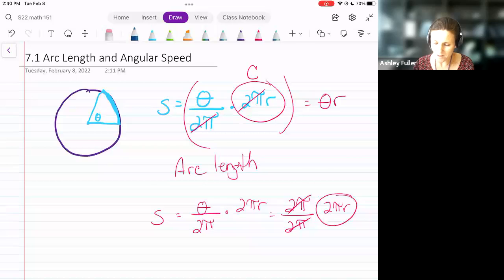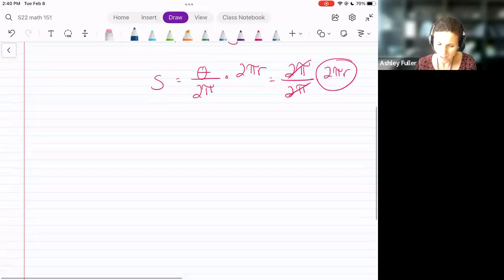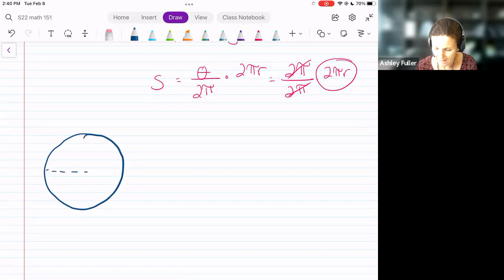An example of where this might be used, consider if we were looking at the Earth, and if this is the equator, the Galapagos Islands fall at the 90-degree west longitude, and the international dateline falls at 180 degrees.